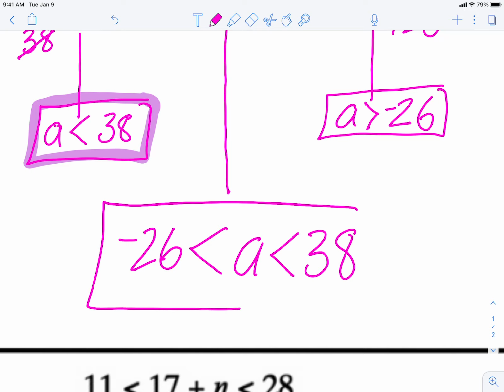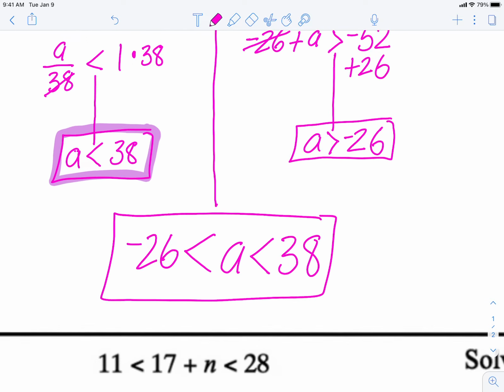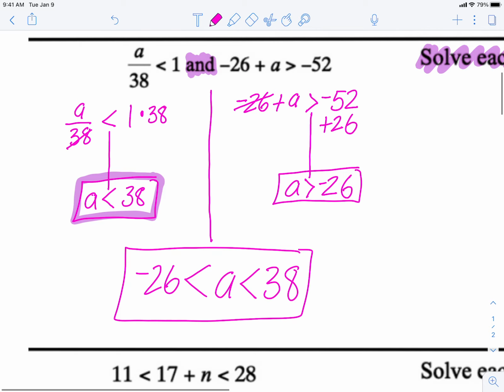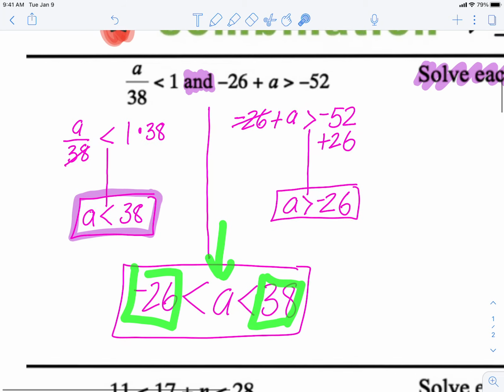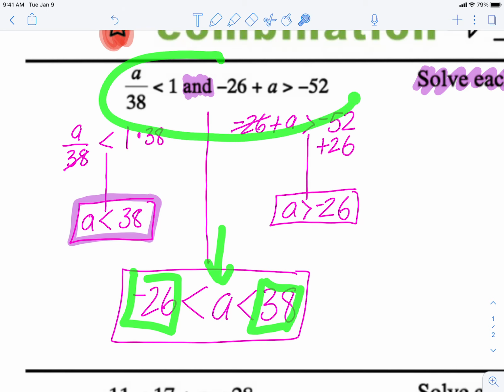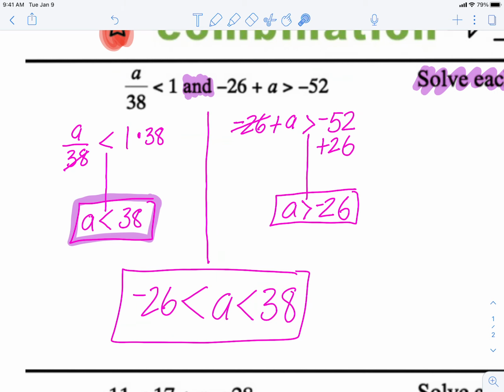And this is my final solution right there. So that means that any number, guys, between positive 38 and negative 26, any number in between those two numbers will be a solution for these two inequalities. And that's what you guys just did. Perfect.